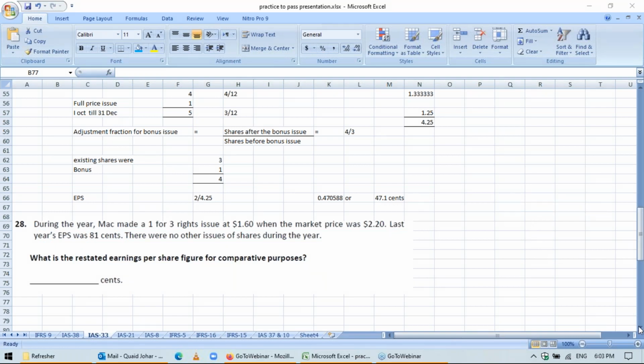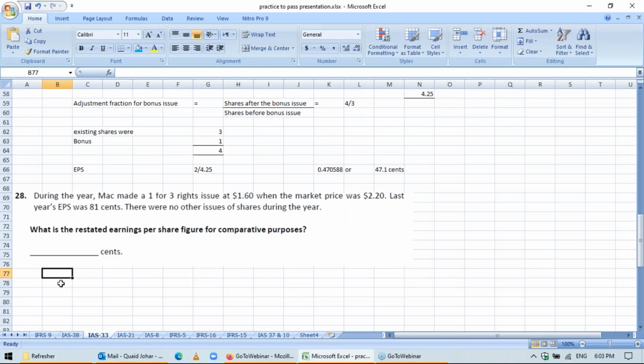So first of all, we will calculate the theoretical ex-right price. Okay, the formula for restated EPS in case of right issue is last year's EPS multiplied by the theoretical ex-right price divided by the cum-right price.